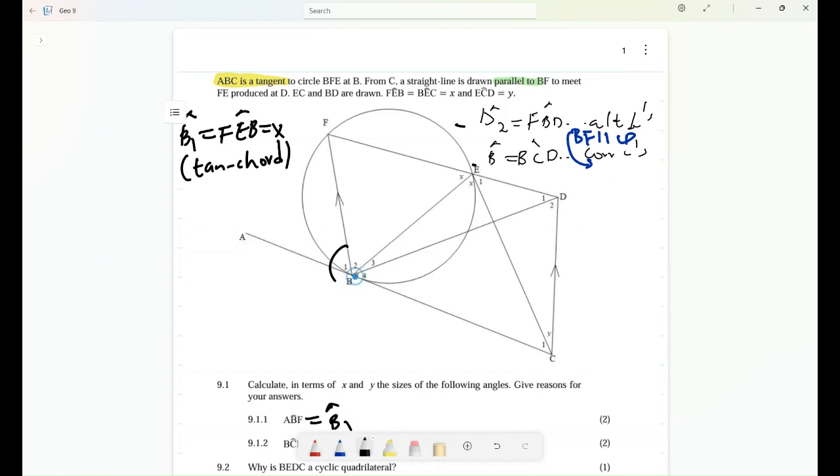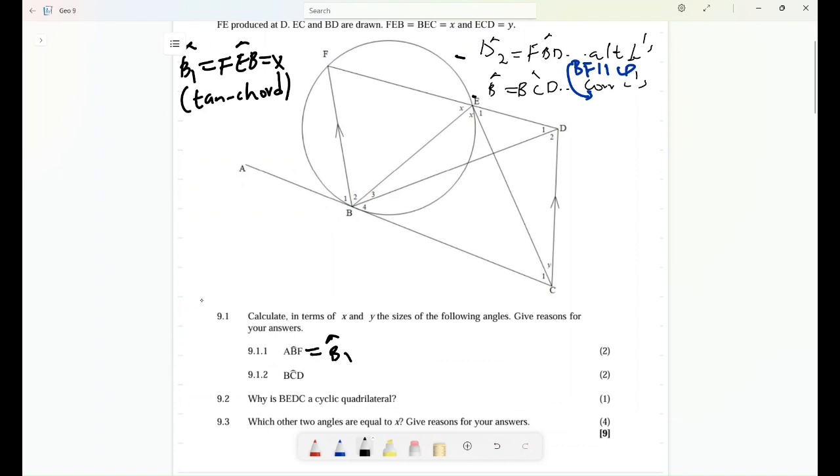When I located angle BF, this is the angle that you're looking at, which is what? Angle B1. You can write it easier for you so that you can see. But remember, we have already found angle B1. So this is very straightforward.